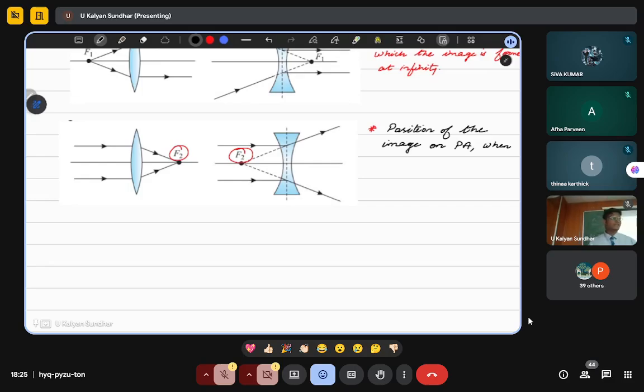So when the image is formed on the principal axis, the object will be at infinity.